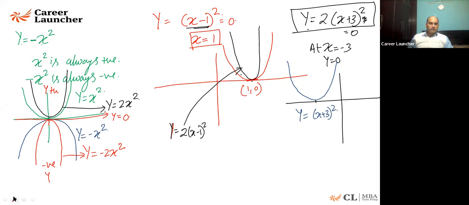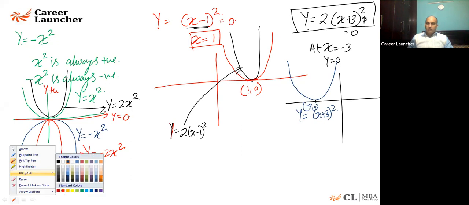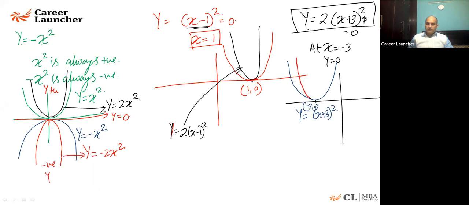Now I want to double it. Why? Because this is minus 3, comma 0. I want to double it. So what should I do? I'll say the curve will be steeper. So this one comes out to be y equal to twice of x plus 3 square. This will be your answer. Is that fine, everyone? So you can draw this figure easily.